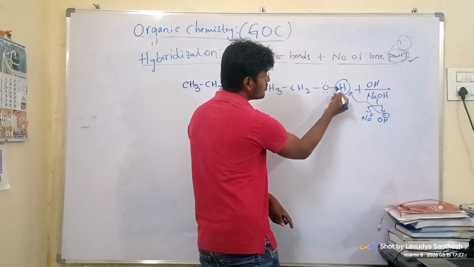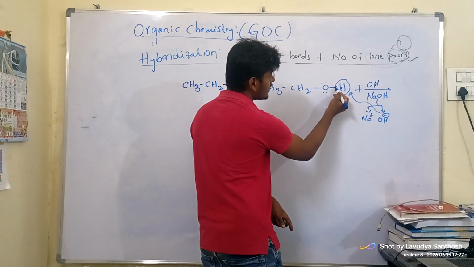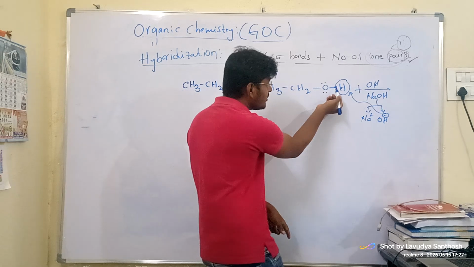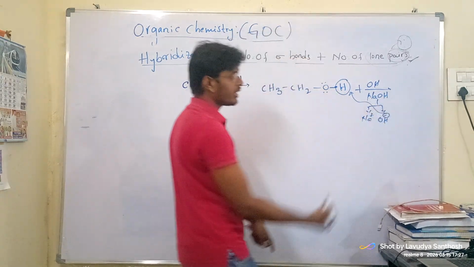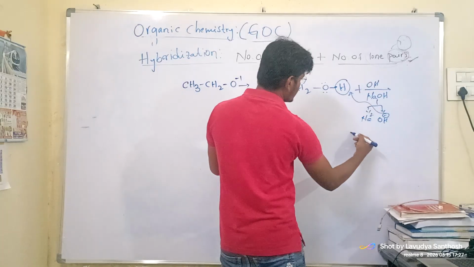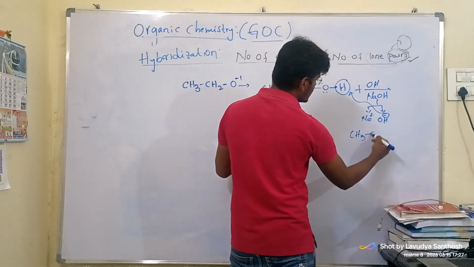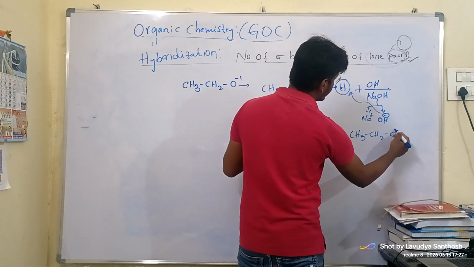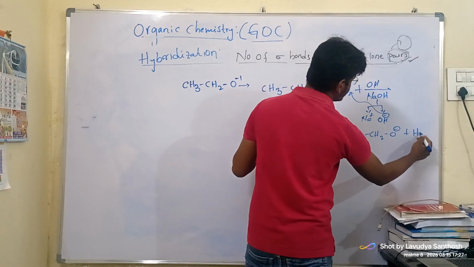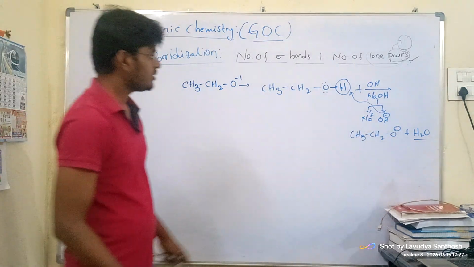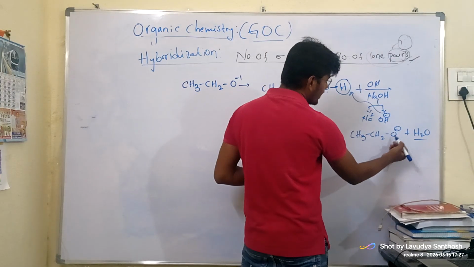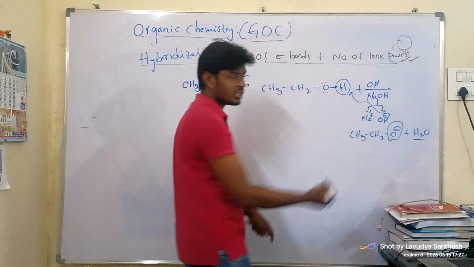Whatever electron it has, it will leave here itself, and then the hydrogen goes. There is a formation of CH3 CH2 O minus plus H2O, simply water.